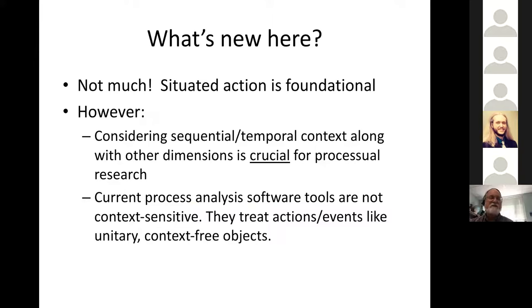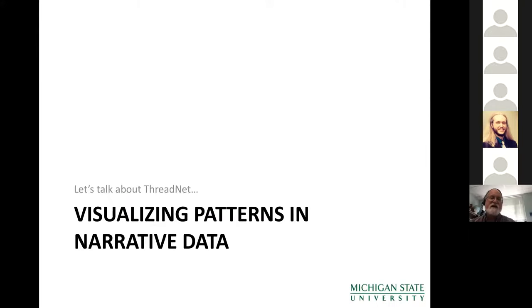The way we think about these things tends to treat actions and events like they're unitary, context-free objects. It takes them out of context. So what I've tried to do is create software that helps people visualize action patterns in a more context-sensitive way. And I call this thing ThreadNet.